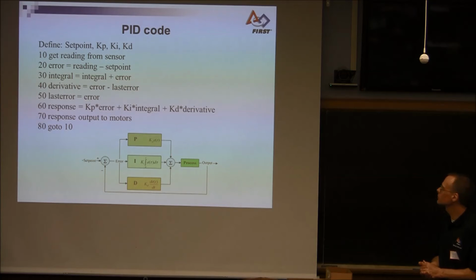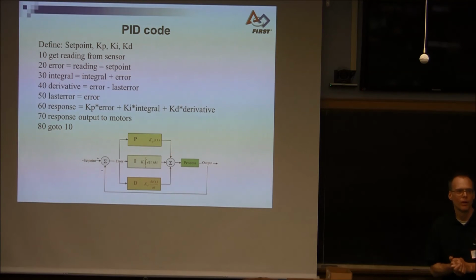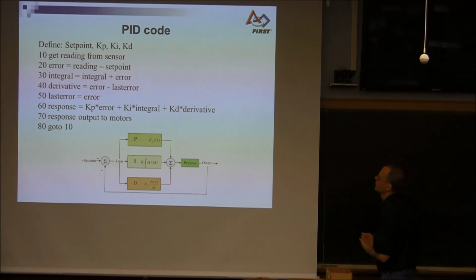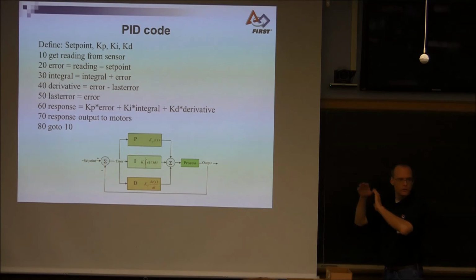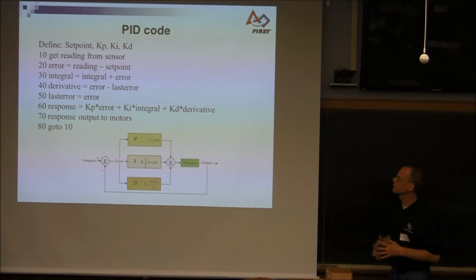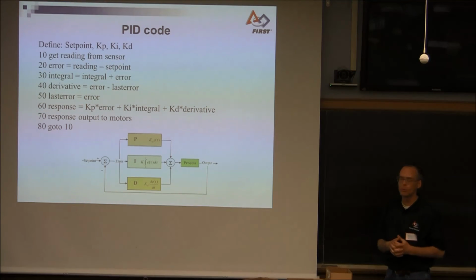So this is it. This is how simple it is to write a PID algorithm. And if you do this with any of your sensors, you can get precise control and complete repeatability, which is pretty nice to have in an FRC robot. So you get the reading from the sensor. When you start the program, at some point you have to define those three things, or four things: your set point and your coefficients.